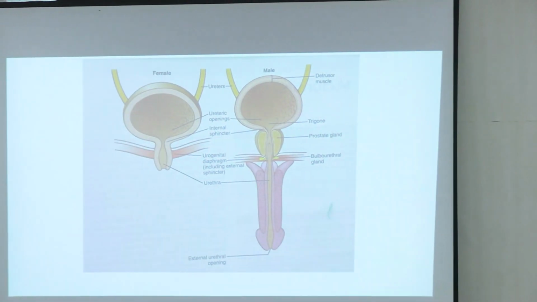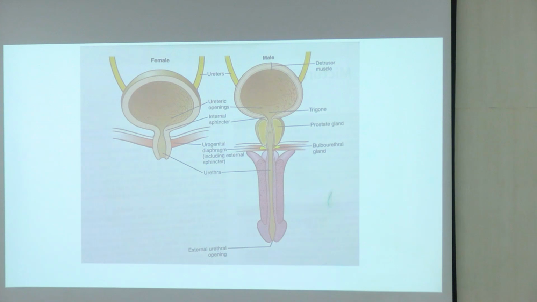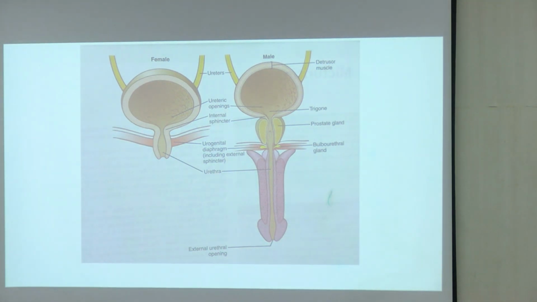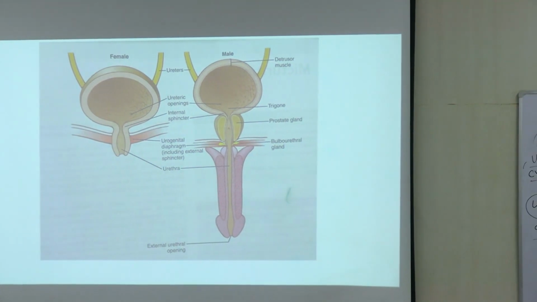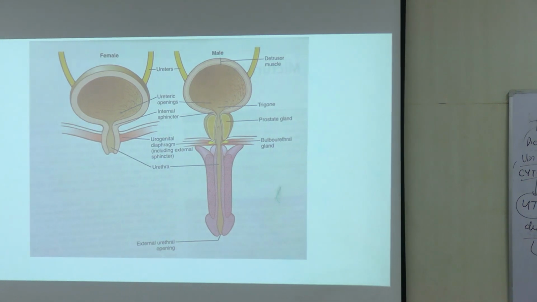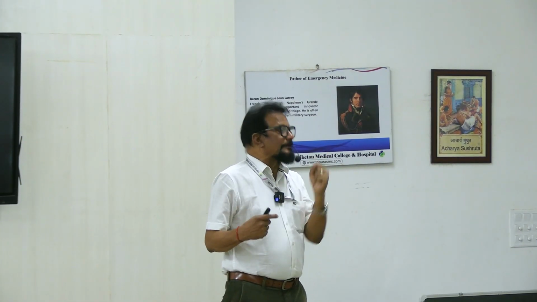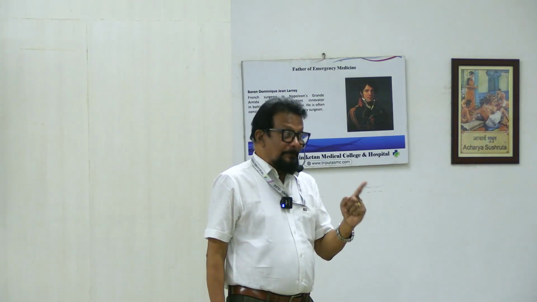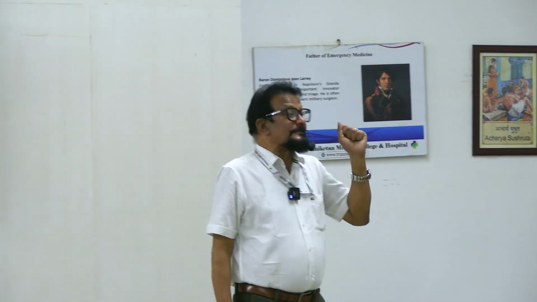But the muscles of the external sphincter are made up of skeletal muscle, so we can control it voluntarily. When these muscles are stimulated, they will constrict and the opening will be blocked. As long as it is closed, no urine can come out. We have control over this because we have to find the time and place for urination.